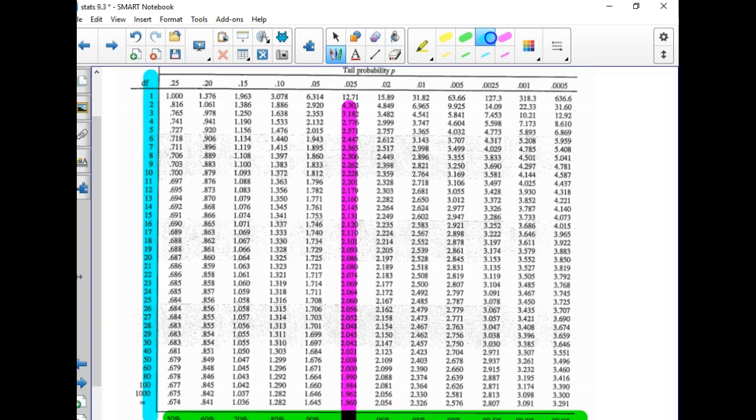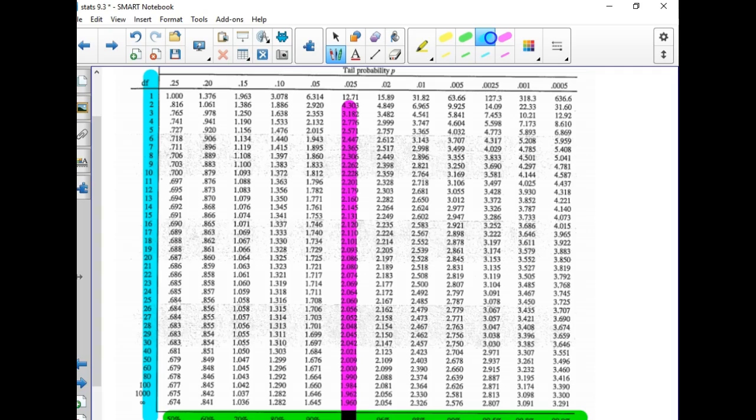Do you see 240 there? No. So what we do when our degrees of freedom are not listed in this column, we need to round down to the one that is listed. So we go until we see one that is listed when we round down. So 240 would be anywhere between 100 and 1,000, correct?